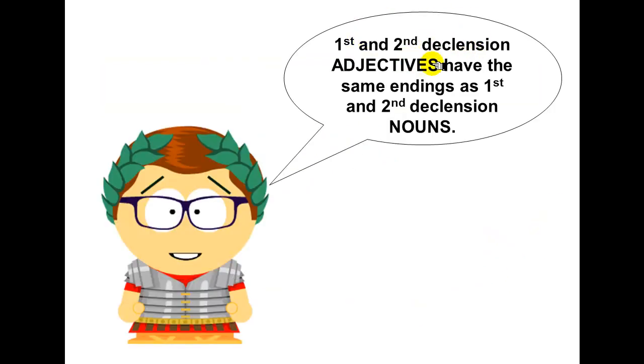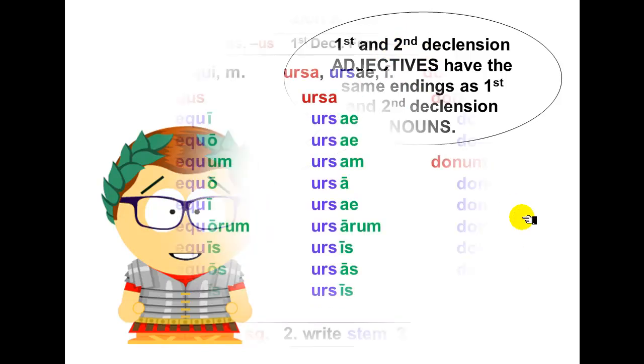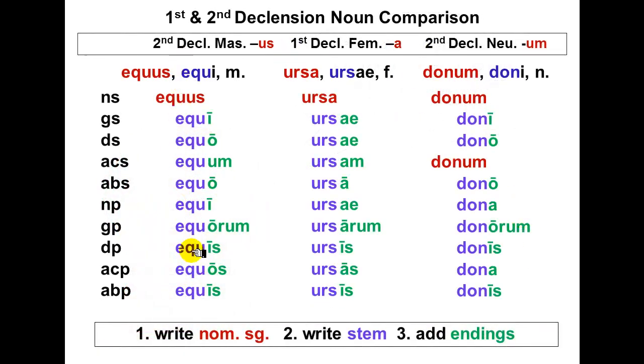The good thing about first and second declension adjectives is that they have the same endings as first and second declension nouns. So if you know how to decline first and second declension nouns, then you also know how to decline first and second declension adjectives. So here are some first and second declension nouns: equus, ursa, and donum.